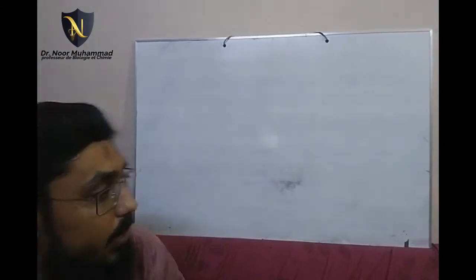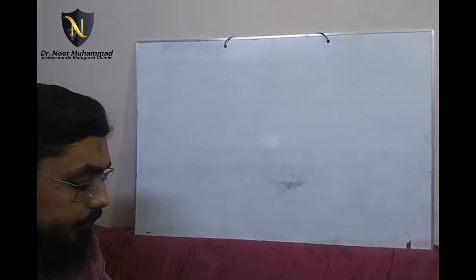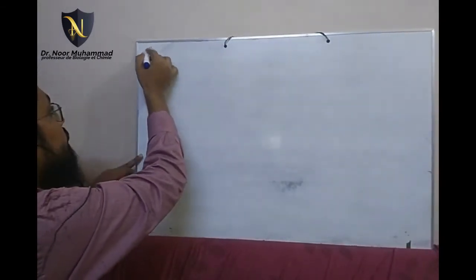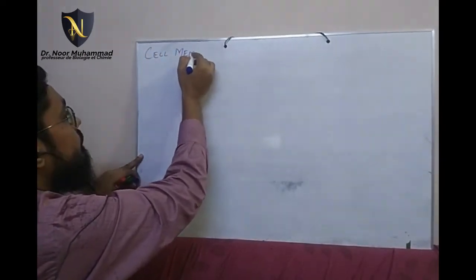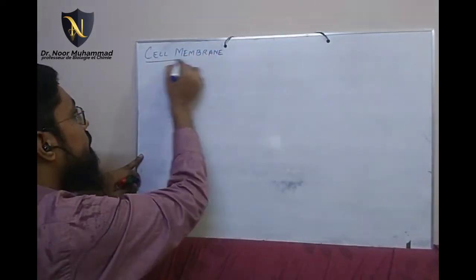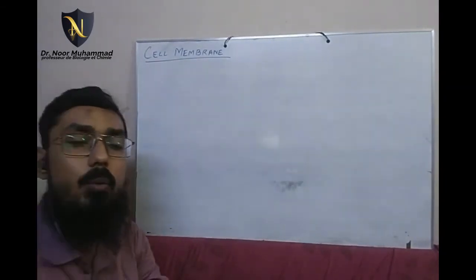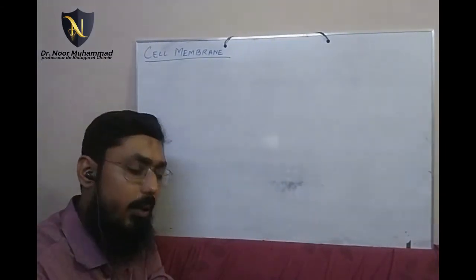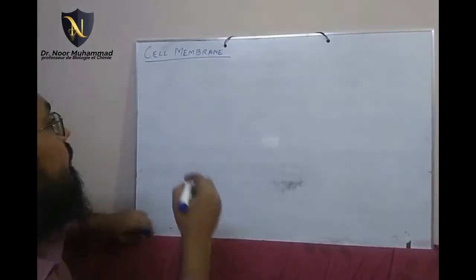Okay, so today our discussion continues, and it is basically about the structure of the cell membrane. What I need to mention here is that according to the fluid mosaic model, you should know the following.